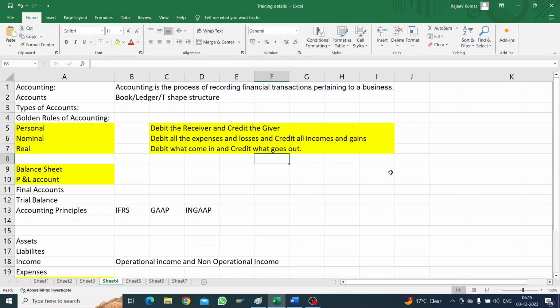In case of a nominal account, debit all expenses. If any expenses are there, that will go on the debit side of the account, and if any income and gains are there, then that will go into the credit side of the general ledger account. Now coming to the real account, the rule says debit what comes in and credit what goes out.